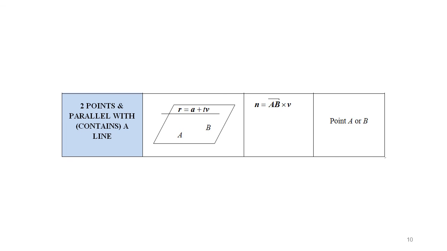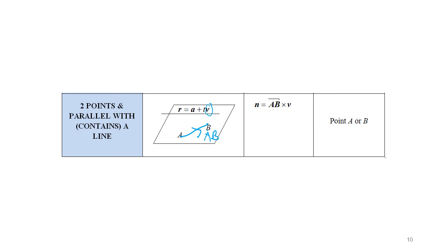And then the 7th situation. So we have 2 points and parallel with a line. Okay. So we have 2 points. As you know from the previous situation, we will join these two points and we get vector AB. And then from a line that is contained also on the plane, as I said earlier, the line we have A plus tV, where V is parallel to the line.